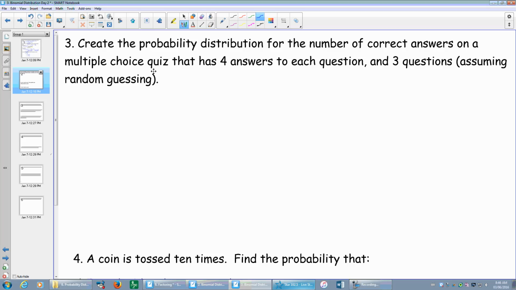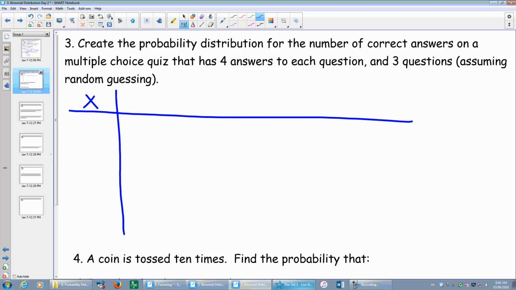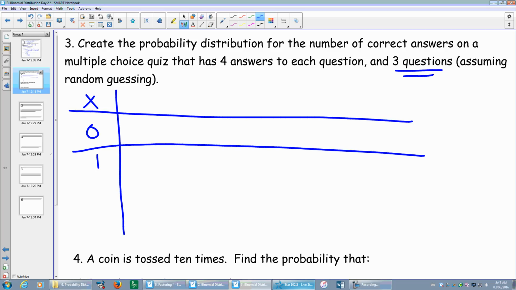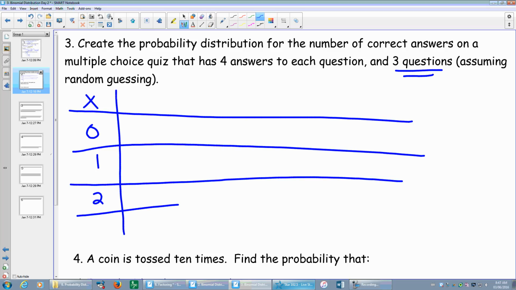I know the possible outcomes when there are 3 questions on the test, and we're assuming random guessing, so you're not even reading the question, you're just filling in letters. You can get 0 correct, 1 correct, 2 correct, or 3 correct. Those are all the possible outcomes when you are asked 3 questions on a test.